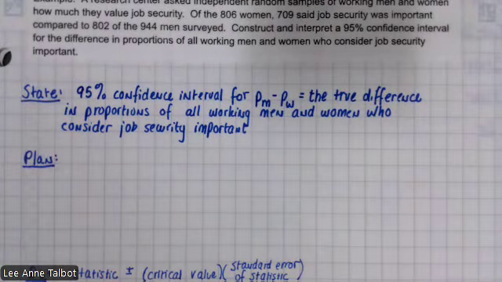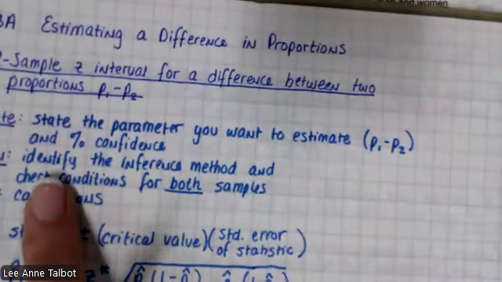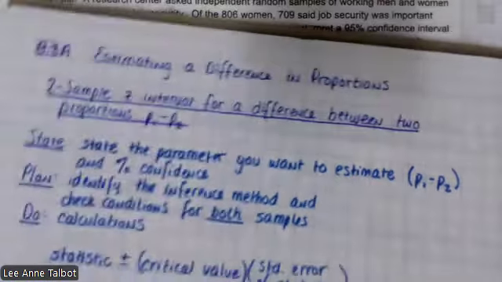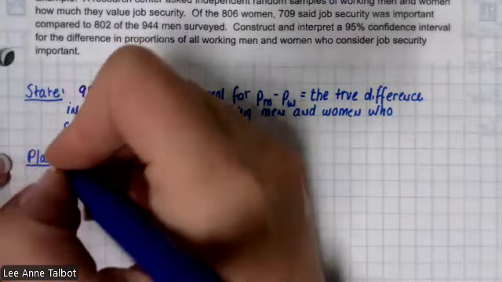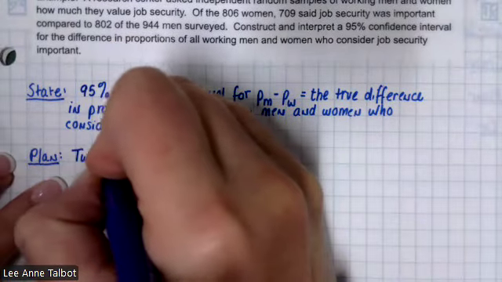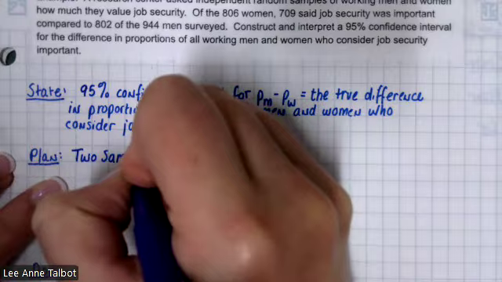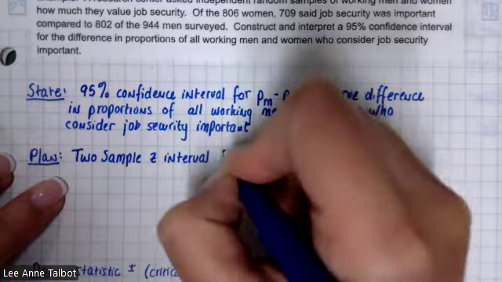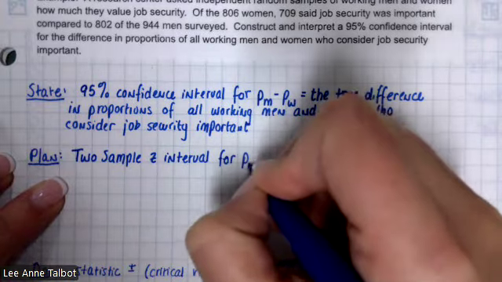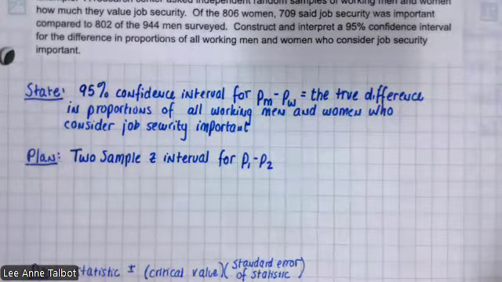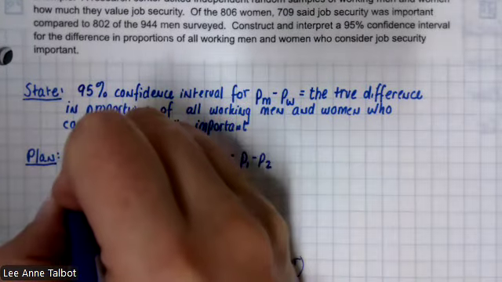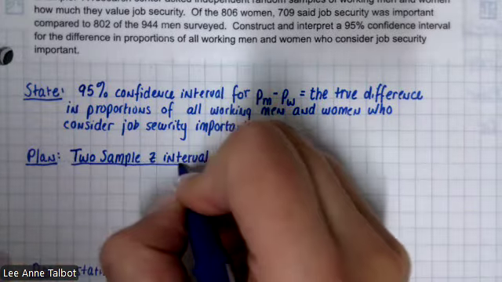Plan. Plan says identify the inference method and check conditions for both samples. Okay, the inference method in this case is a two sample Z interval for P1 minus P2. It's just the generic method that you're going to use in this problem.